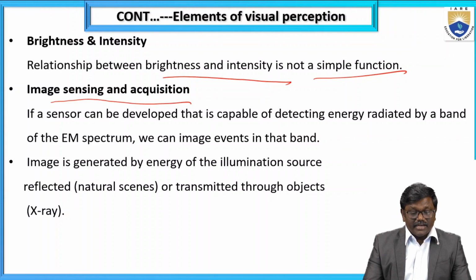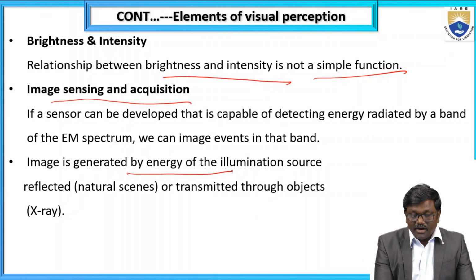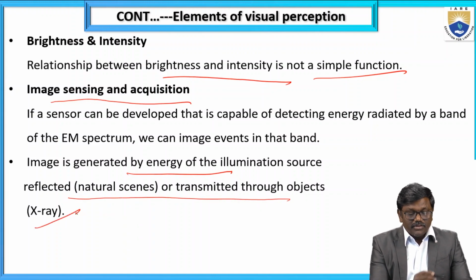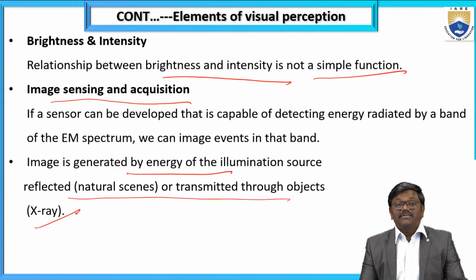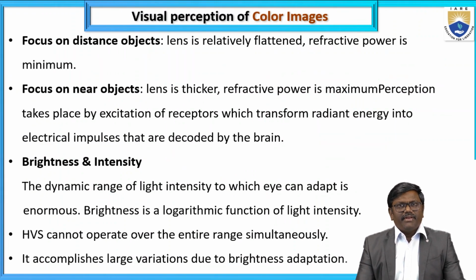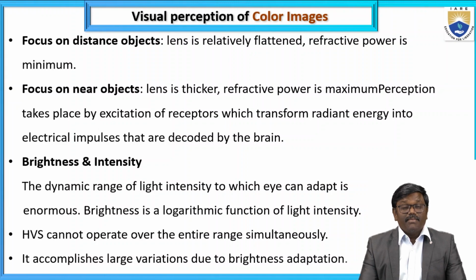Image is generated by energy of the illumination source reflected or transmitted through objects, as we consider in terms of X-ray. You can also focus on a distant object. When we say the lens is relatively flattened, refractive power is minimum.